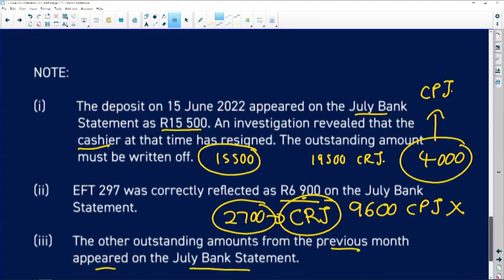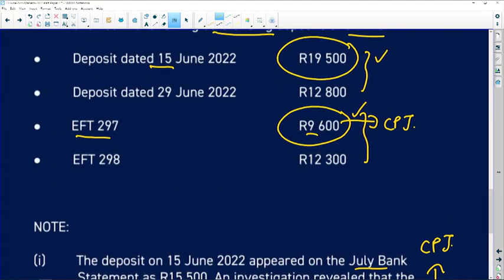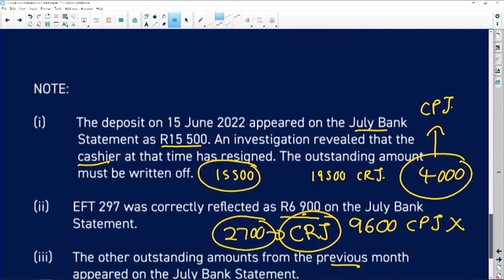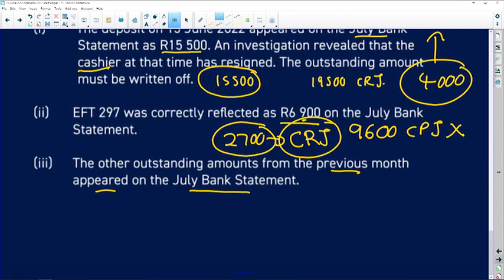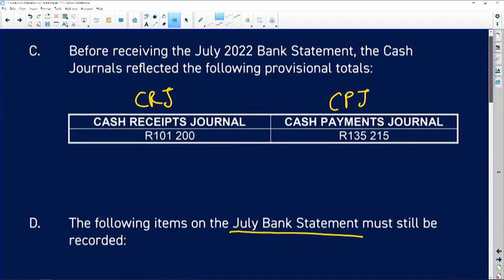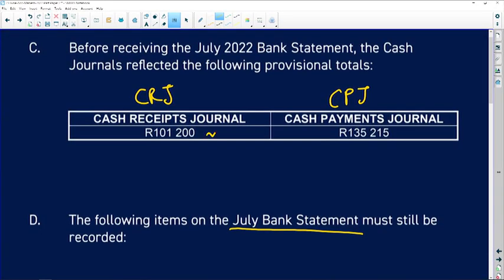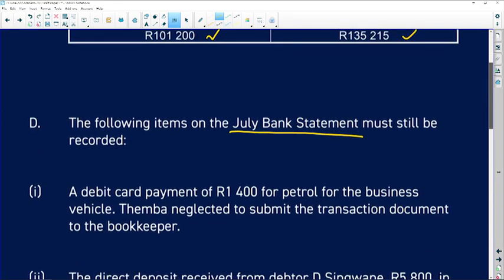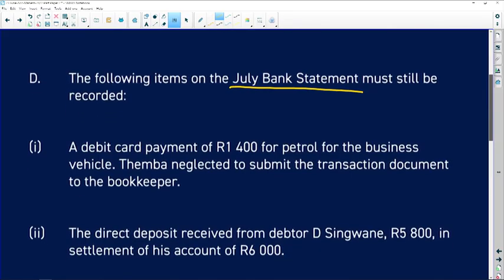In other words, I don't need to do anything, right, because these amounts here have now appeared and there's no adjustments for this. Okay, right, let's now move on to information D. Remember, guys, as I said earlier on, these totals have already been brought down for me, so I don't need to go and bring these down, right? They appear in my answer booklet.